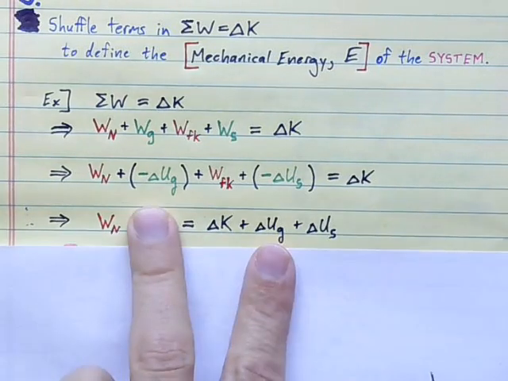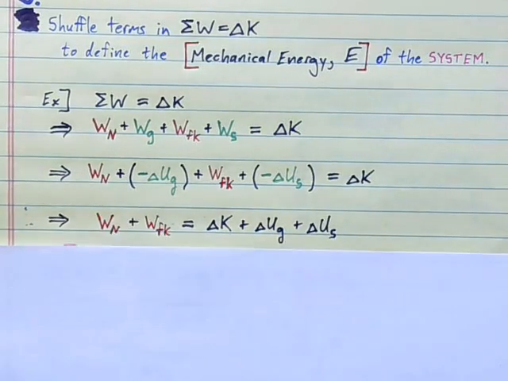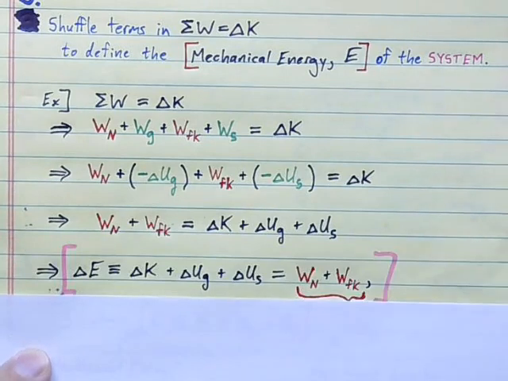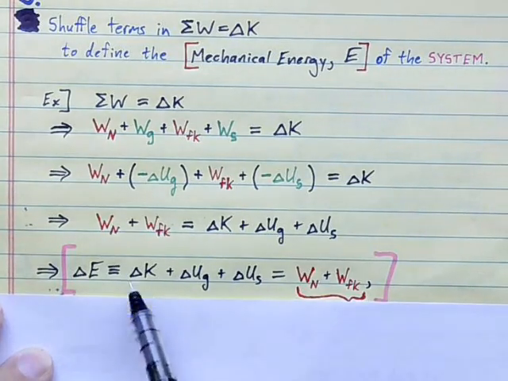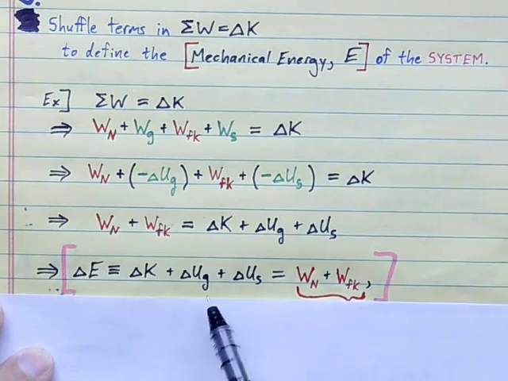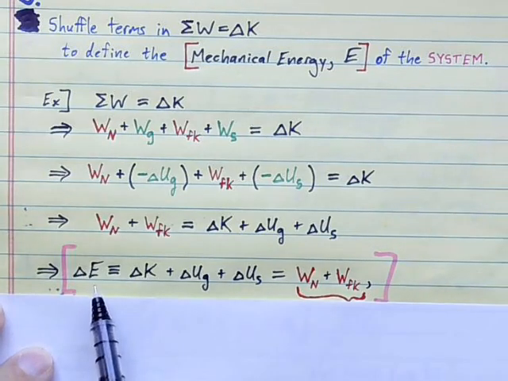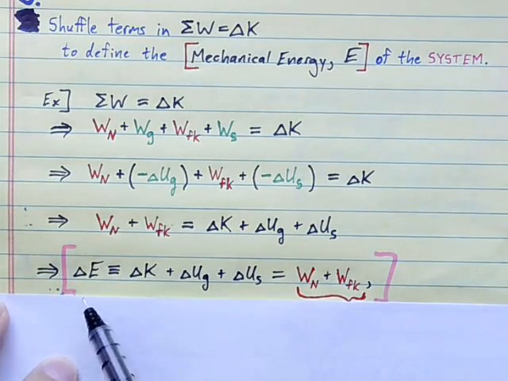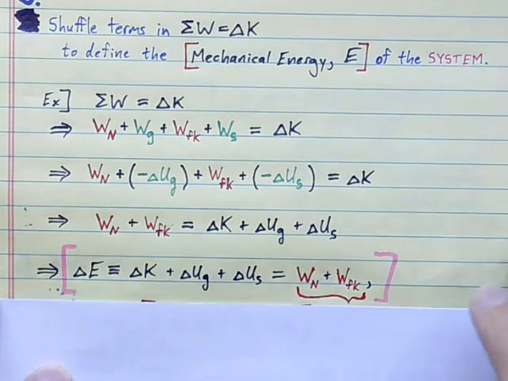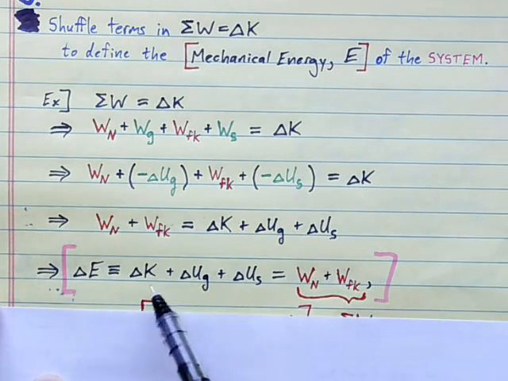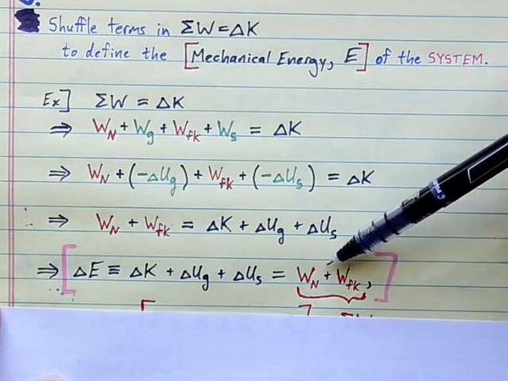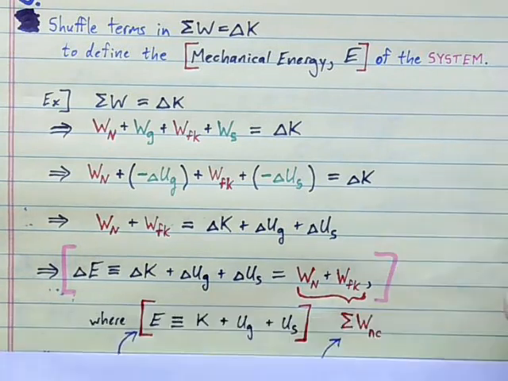Now I'll just flip the two sides, put our kinetic and potential energy changes over here, and define this sum of changes as the change in the capital E mechanical energy of the system, showing that the change in this mechanical energy is due entirely to works done by non-conservative forces.